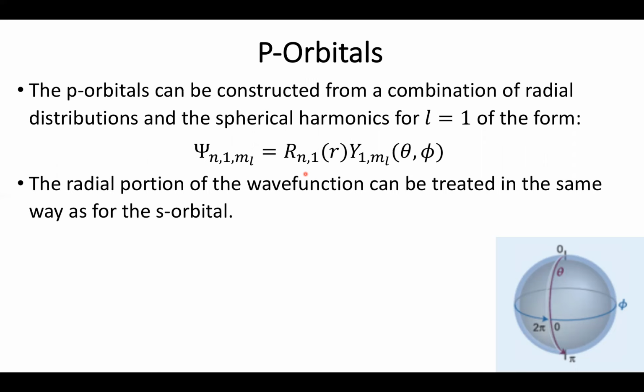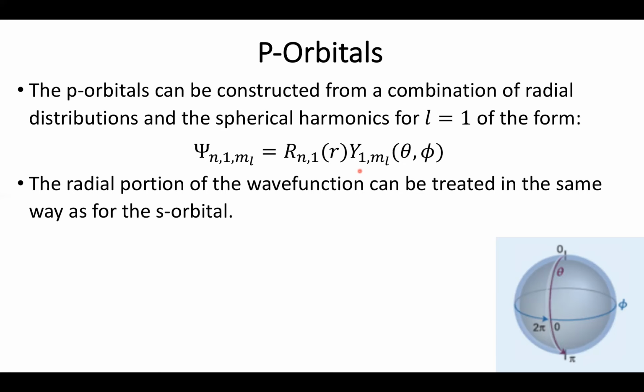Big note: for an s orbital, n of 1 has no nodes, and then we add one radial node for every integer we increase n. For p orbitals, since we have no n of 1, we start with n of 2, the second shell. The second shell will have no radial nodes, and we'll see increasing numbers of radial nodes as n goes up. However, we're going to focus more today on our spherical harmonics.